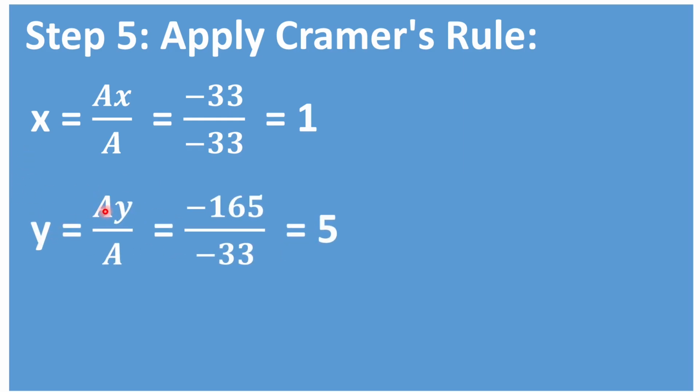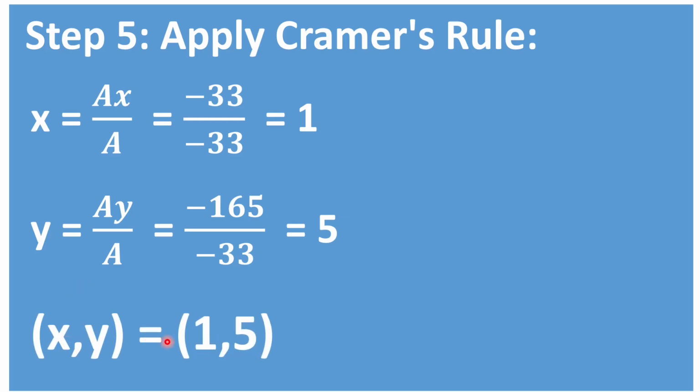So y equals Ay divided by A. So Ay equals minus 165 and A equals minus 33. So minus 165 divided by minus 33 equals 5. So it means that this is the solution of this question, that is (x, y) equals (1, 5). So this is the solution set, and this is the answer of the given question by Cramer's rule.